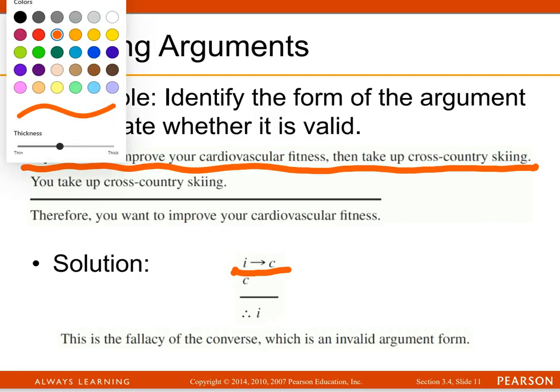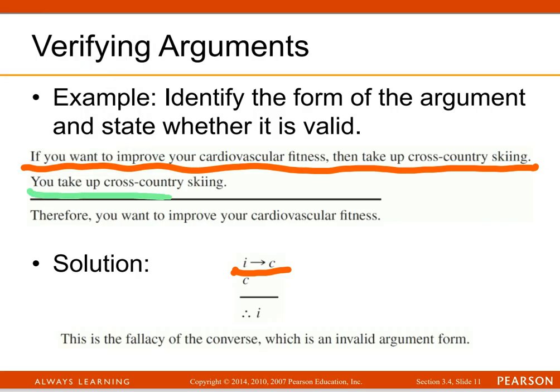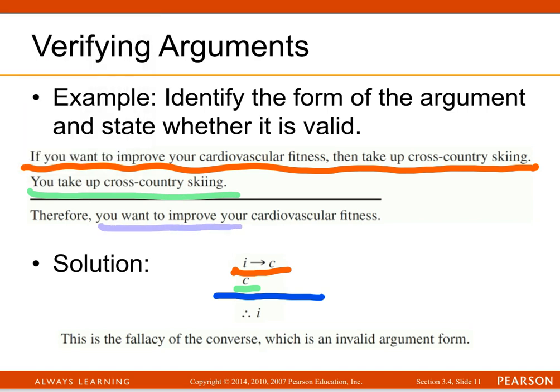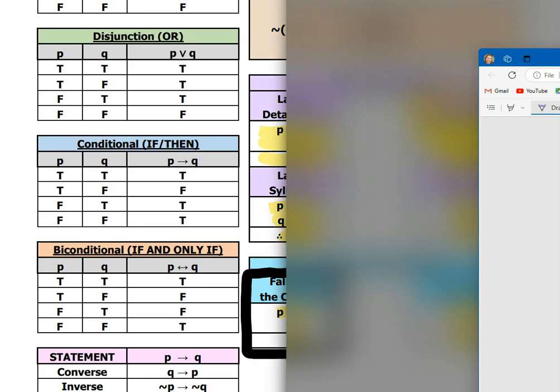Then the next one says you take up cross-country skiing, and cross-country skiing is just the letter C. And then you've got the therefore, so that is separating this, and then it's therefore you want to improve your cardiovascular fitness, and that's another I, so I'll just use I for that. This is the fallacy of the converse, which is an invalid argument. Let me try to do a side-by-side here.